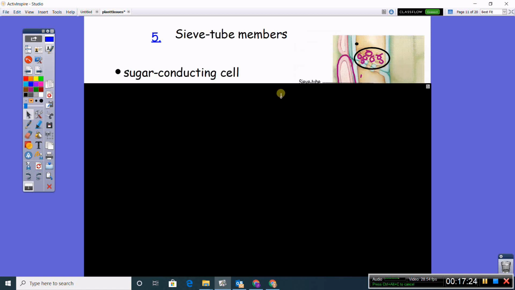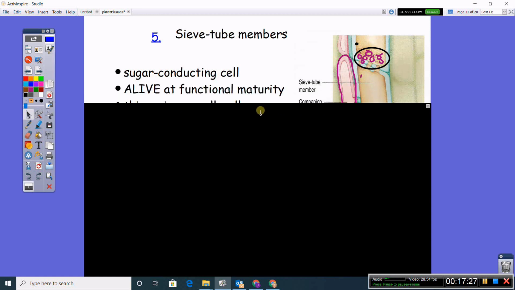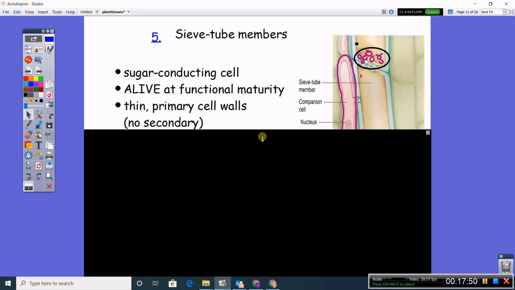Sieve tube members are sugar-conducting cells, and they are alive at functional maturity. So think about your two cells that conduct water, your tracheids and your vessel elements. Those are going to be dead at maturity. Sieve tube members and the companion cells that go along with them are going to be alive at functional maturity.